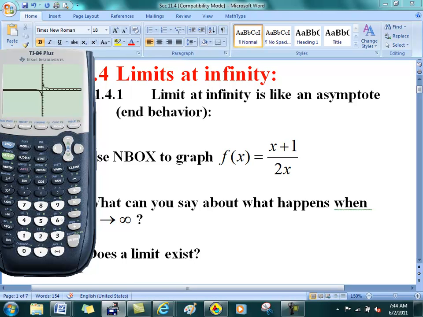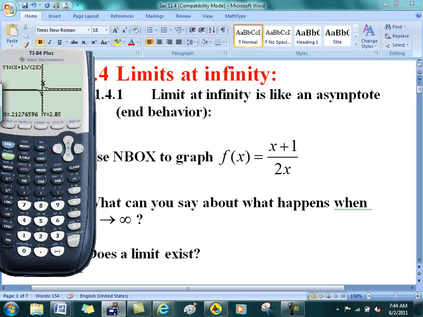Beta, did you get this graph? What can you say when x goes towards infinity? What's happening to y? Staying the same at what value? Samantha? Decreasing to where? You think so? You have a graphing calculator? Yeah, Ian. Goes closer to 1/2. Well, just do it. Get trace out there.